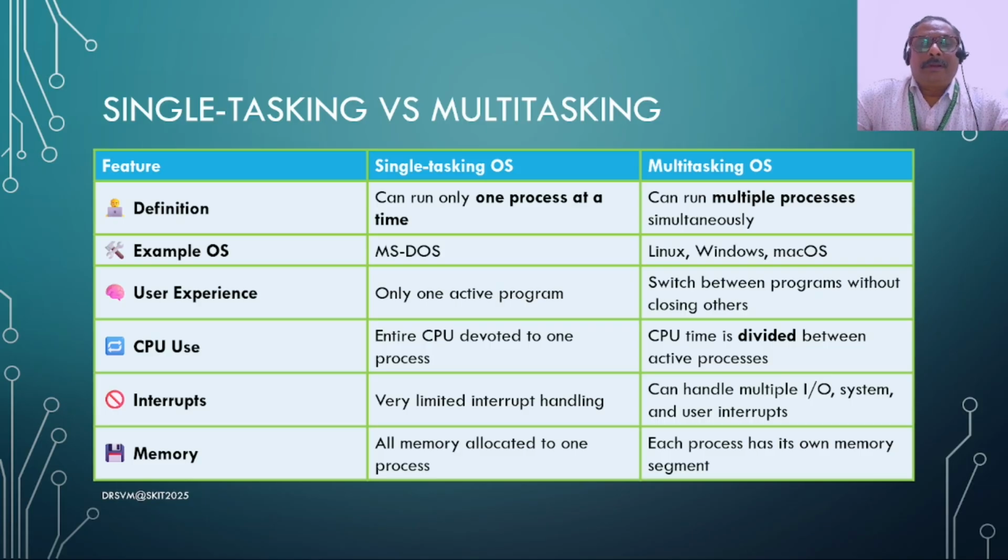In single tasking, all the memory was allocated to one process, whereas in a multitasking operating system, each process will have its own memory segment from the main memory, and the CPU is allotted from time to time. So that's the difference between single tasking and multitasking.